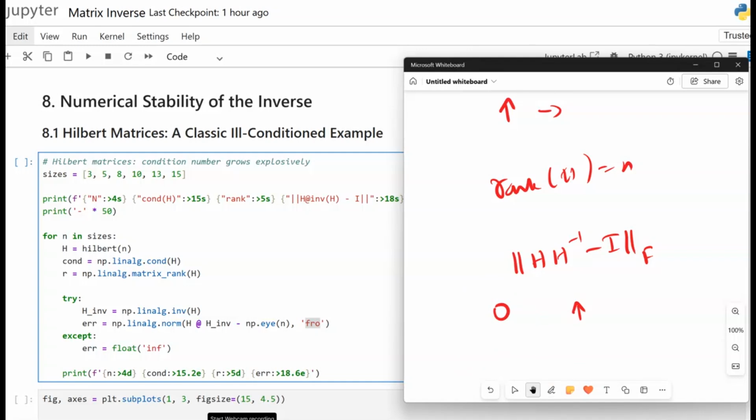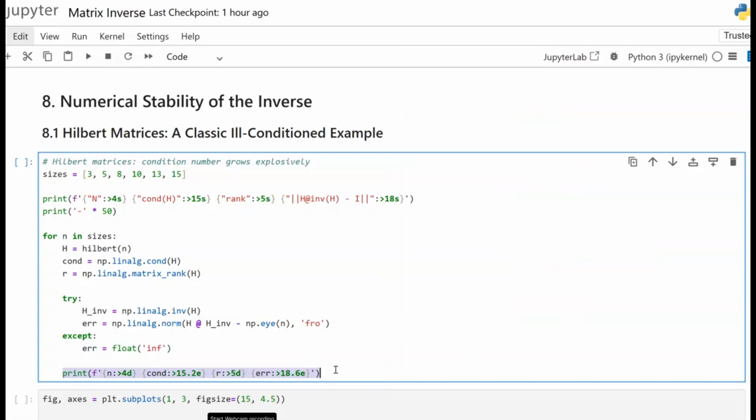Towards the last, we are going to have it in a tabular format. The first is the matrix size n, next the condition number, third the rank, and last the error, that is the deviation from identity.